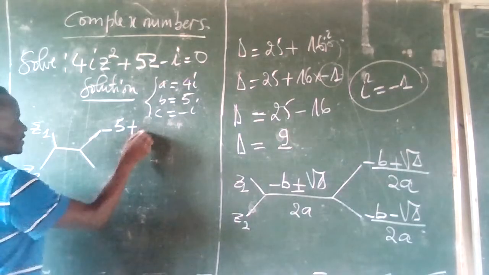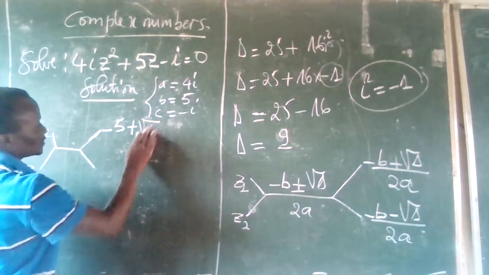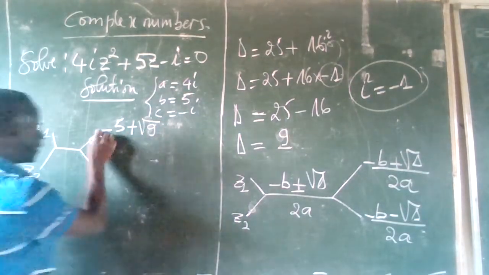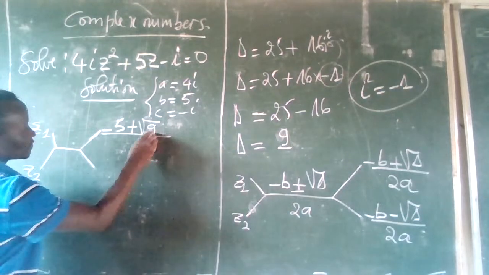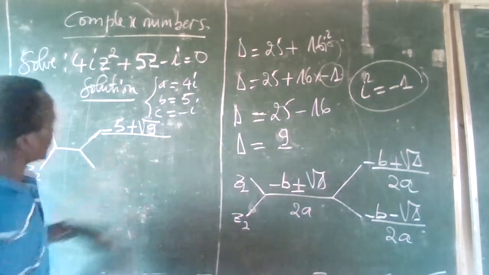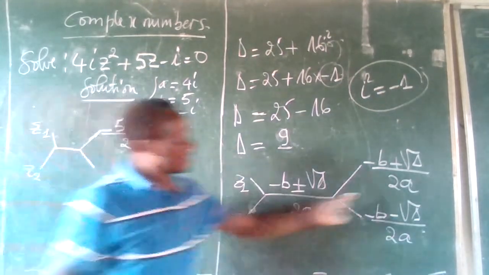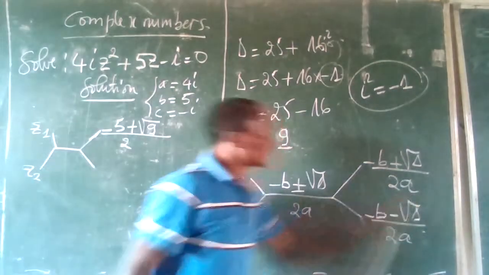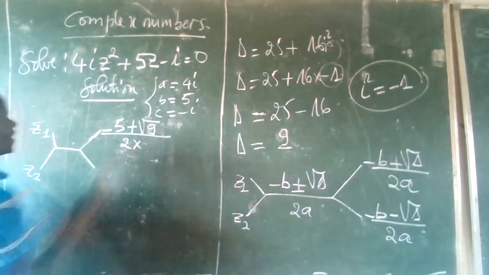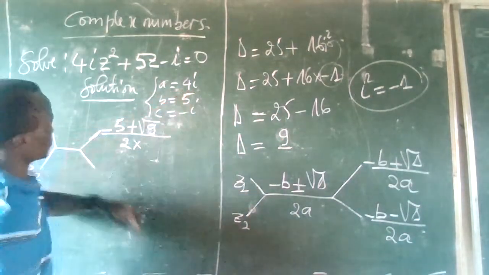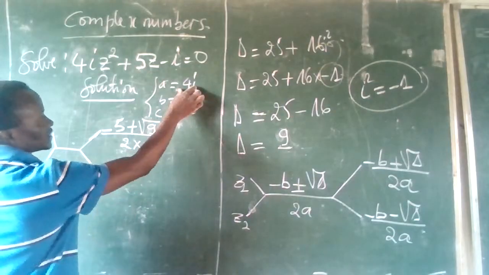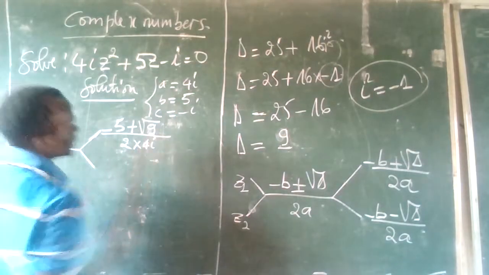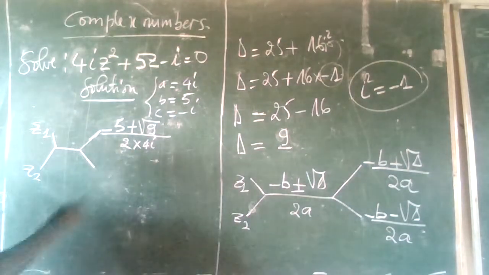We have root of 9 over 2A, which is 2 times this value A, which is 4i. Right?